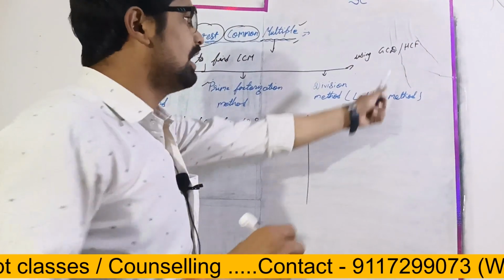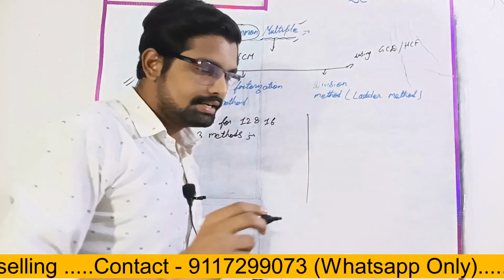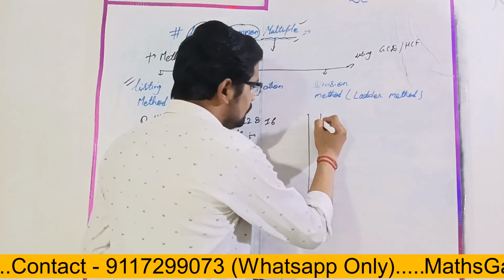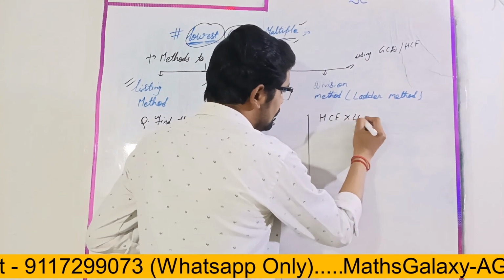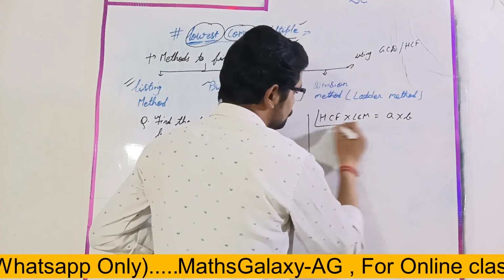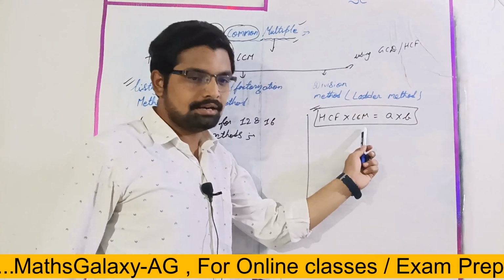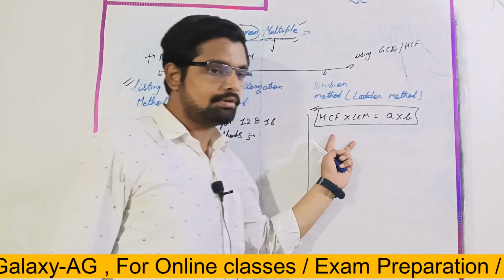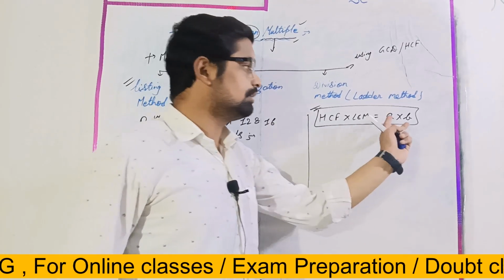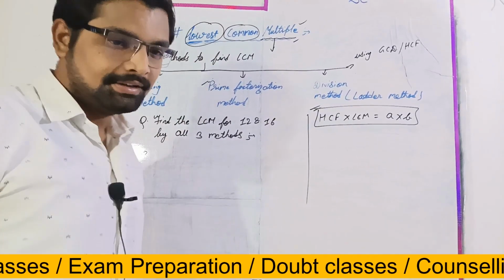By using the highest common factor, we can also find the LCM. There is a formula that HCF into LCM of two numbers is equal to the product of those two numbers. Please note it down. Is it clear?